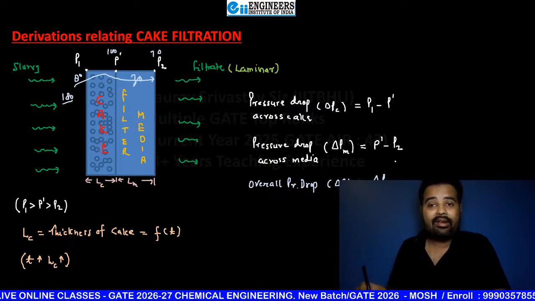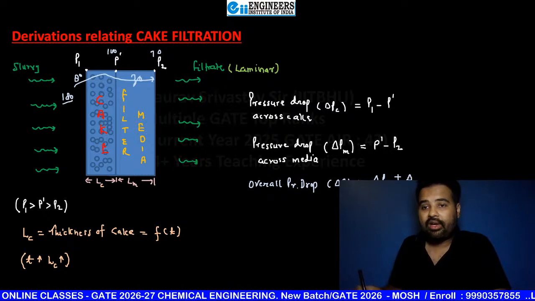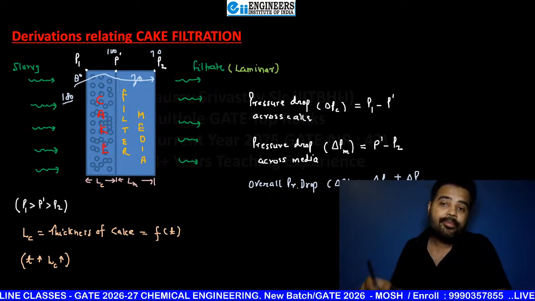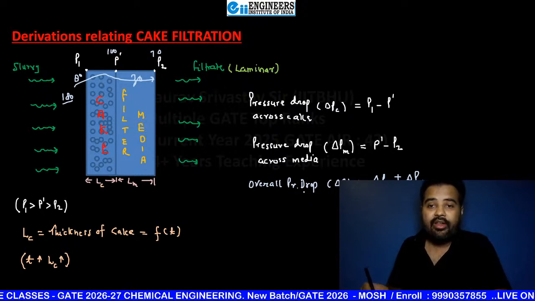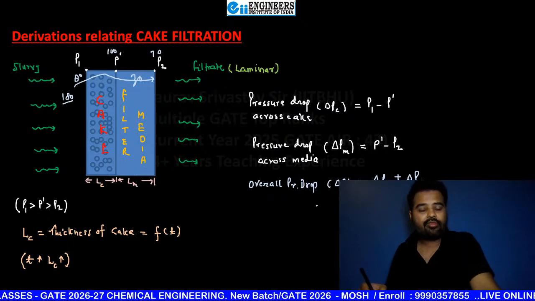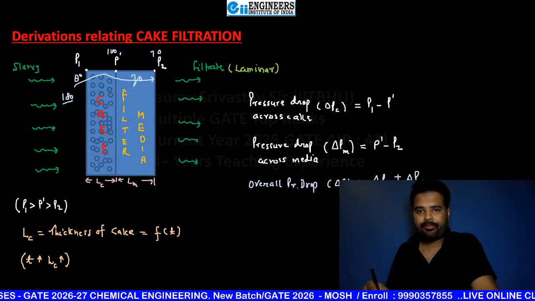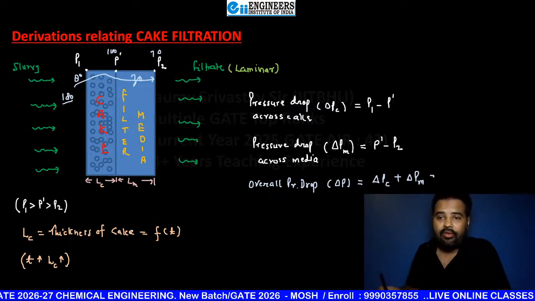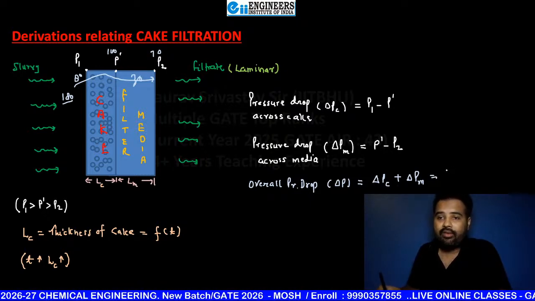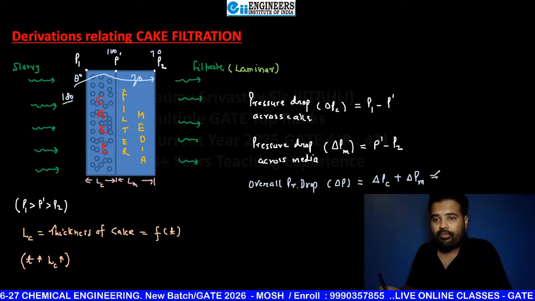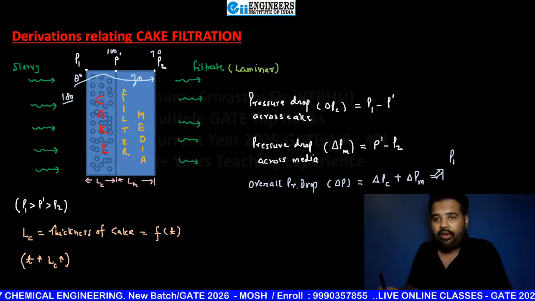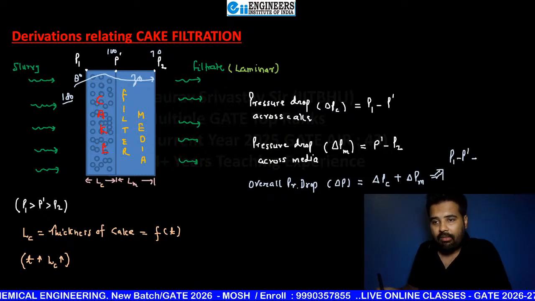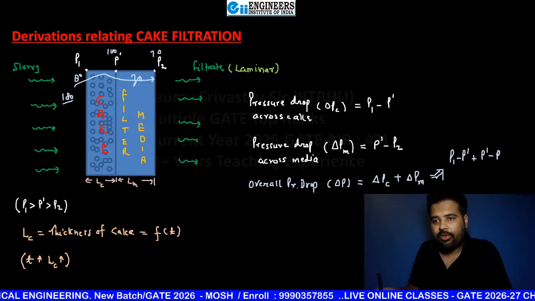That means I can add these two now, delta PC plus delta PM. It's very easy. Further, if you solve it, wait, what will we get after solving? You will get P1 minus P dash plus P dash minus P2.